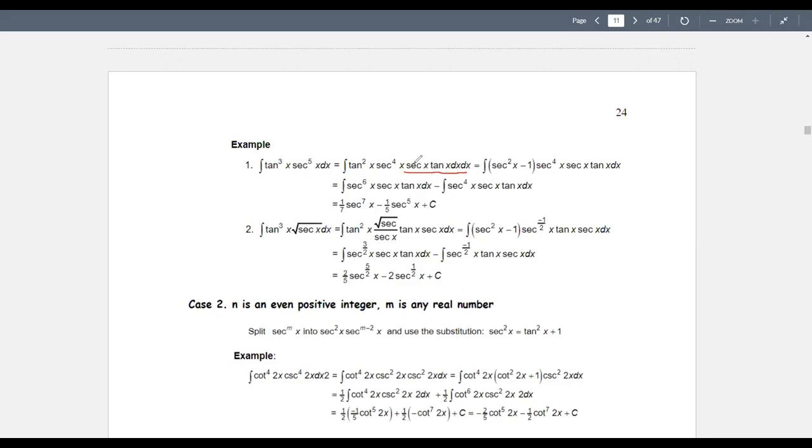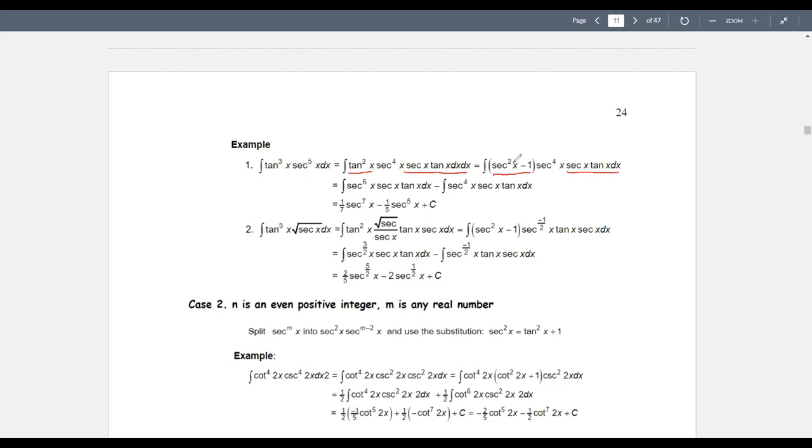Now, if you recall a while ago, it says that your tangent will be converted using this identity, secant squared x minus 1. It's done here. Secant squared x minus 1 for the tangent squared x. What happened to the secant to the fourth x? Nothing. It's just there. And you again set aside the secant x tangent x dx here.